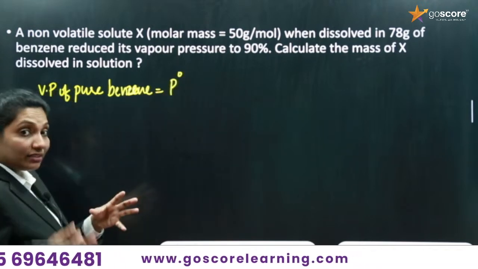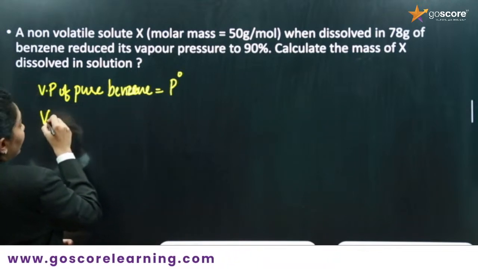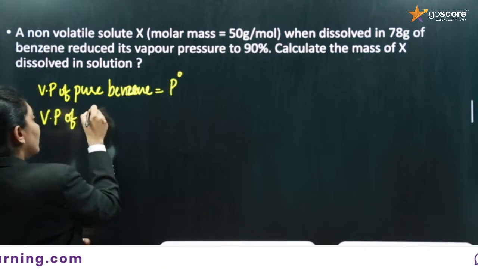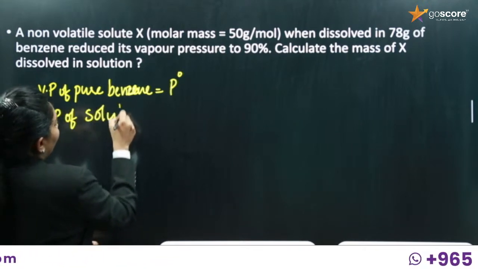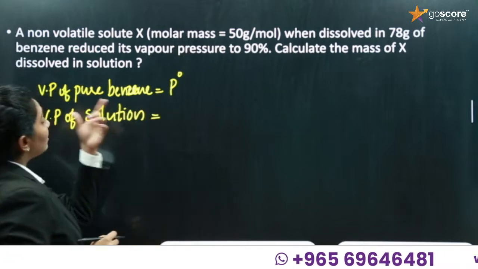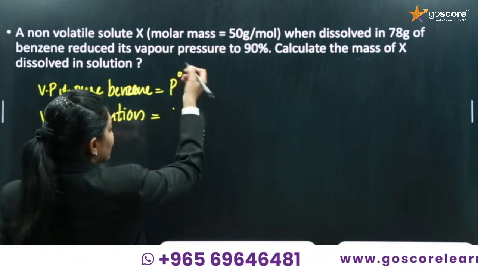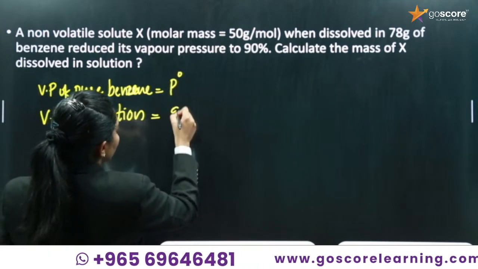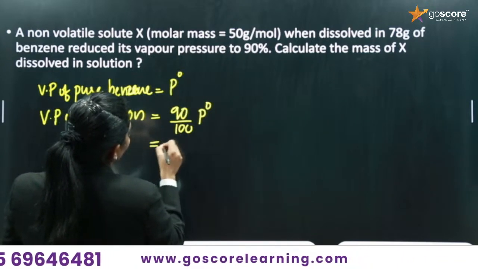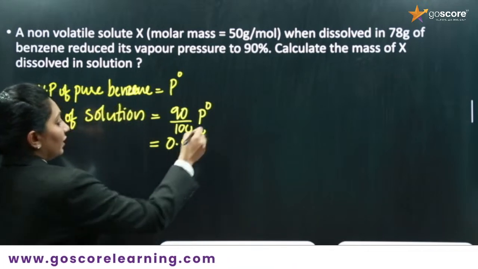And when you add the non-volatile solute, the vapor pressure falls to 90%. That means the vapor pressure of the solution formed when you add the non-volatile solute to this benzene is 90% of this P naught, that is 0.9 P naught, right?